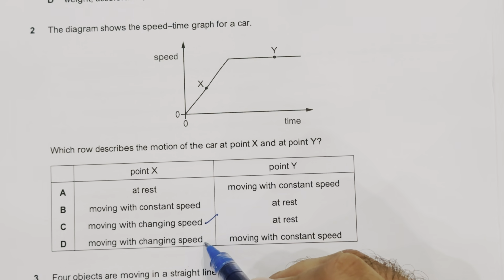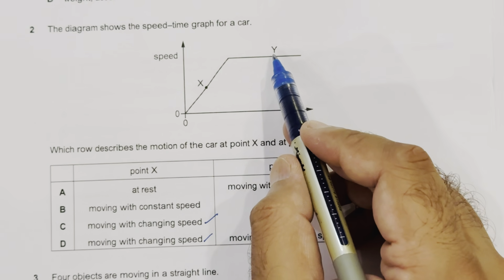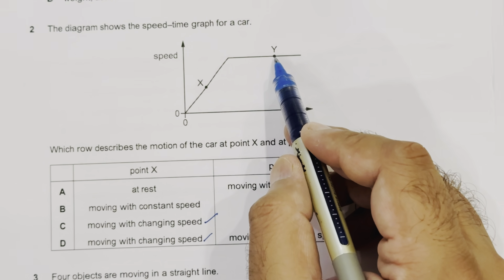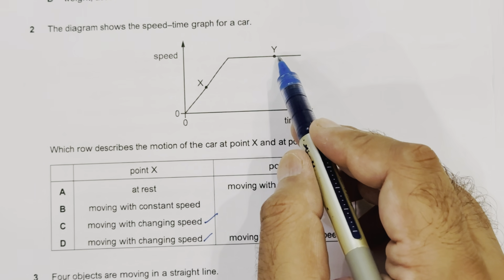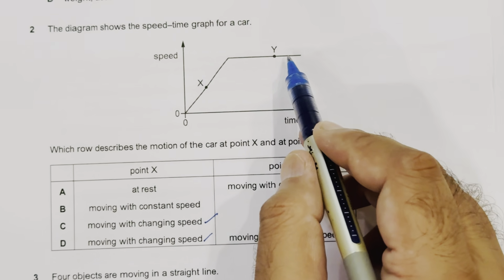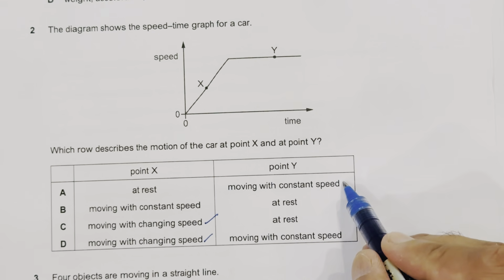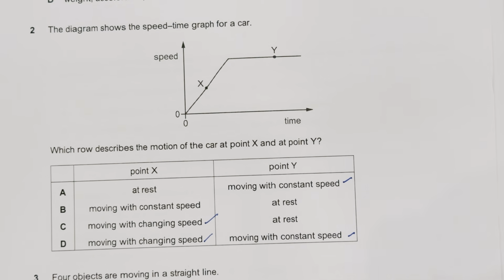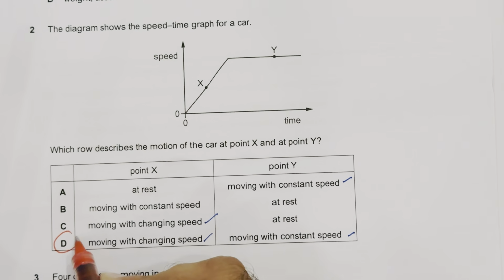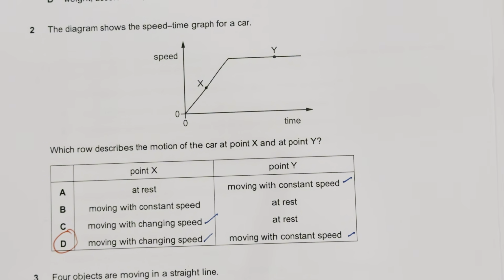So option C and D could be correct. And from this we can say that at Y the object is not changing its speed but traveling at a constant speed. So option number D has the two right answers. So we are going to select option number D as the right answer.